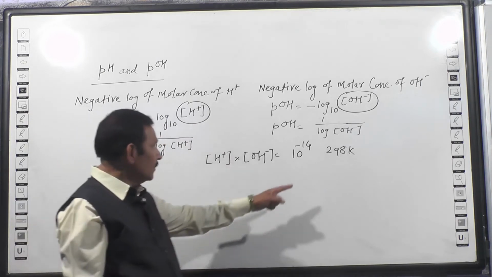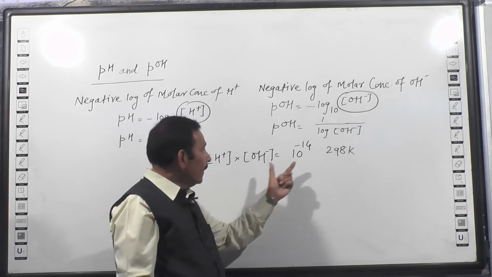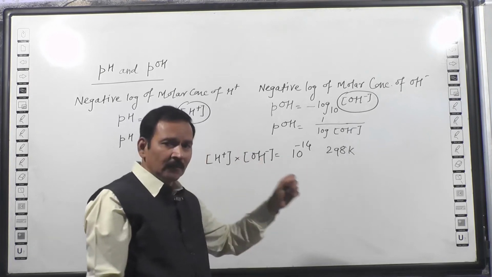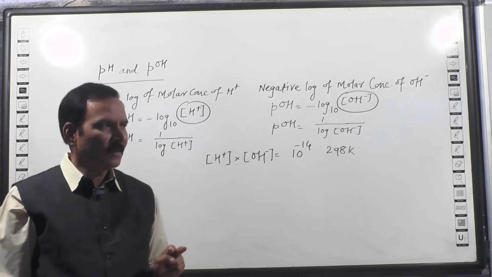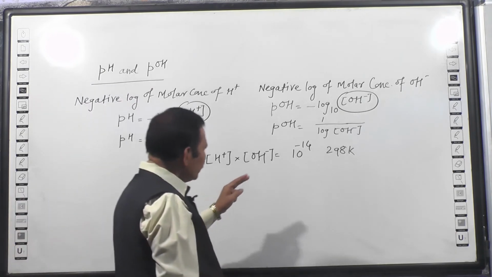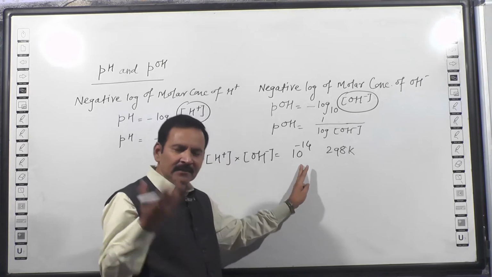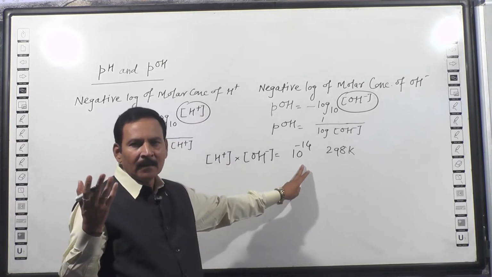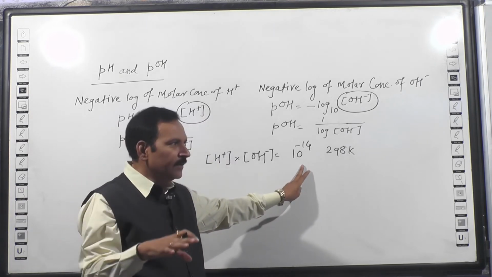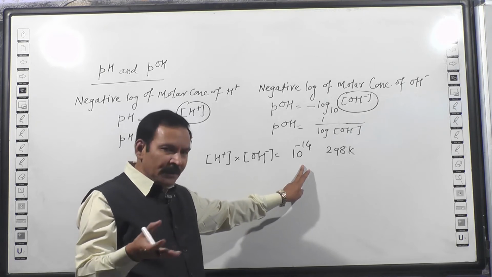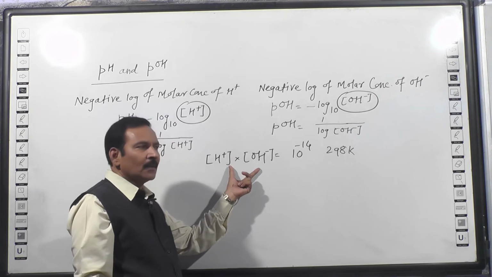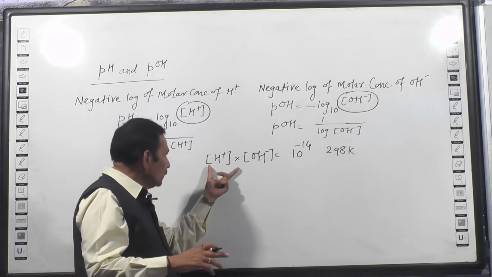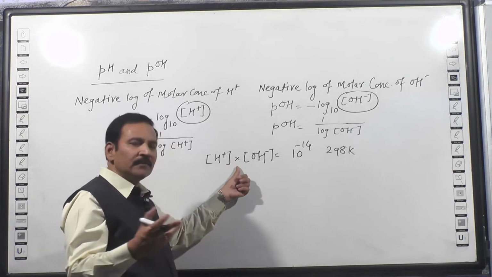Every time I am writing 298 Kelvin because this ionic product of water varies with temperature. And the simple concept is there. If temperature is increased, the degree of dissociation will increase. If the degree of dissociation increases, the concentration of these two will increase. And if the concentration of these two increases, the product of these two will increase.